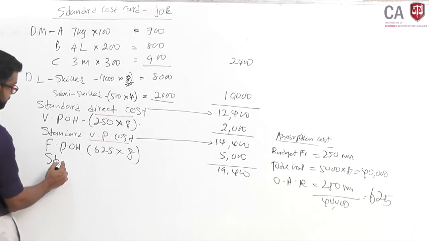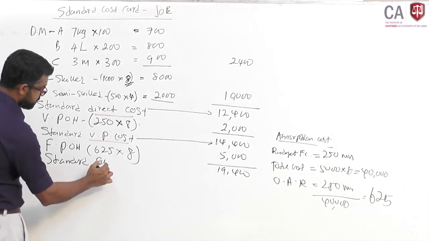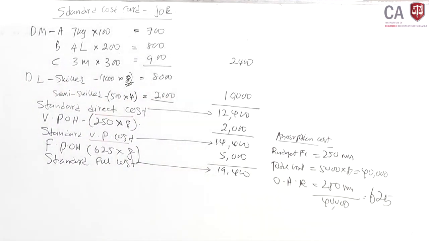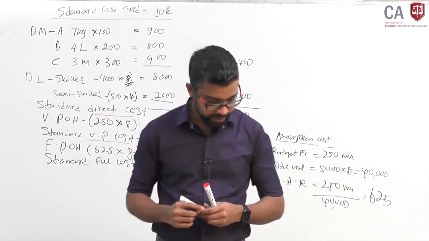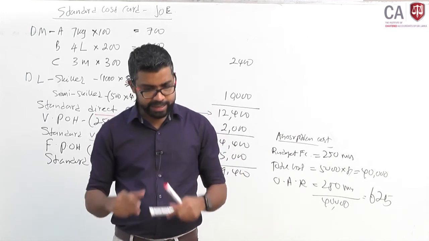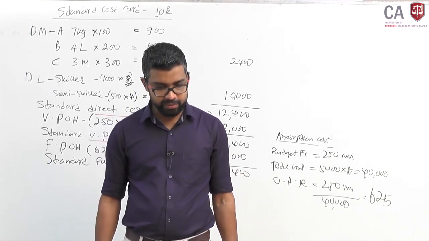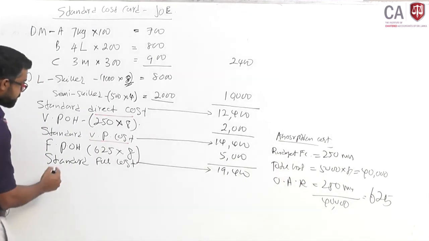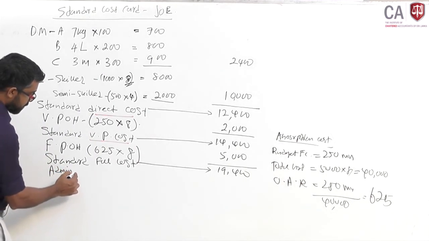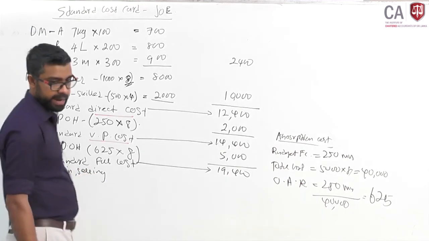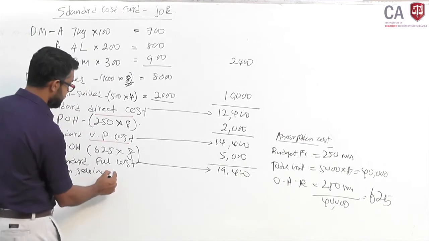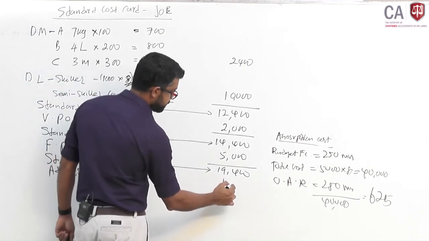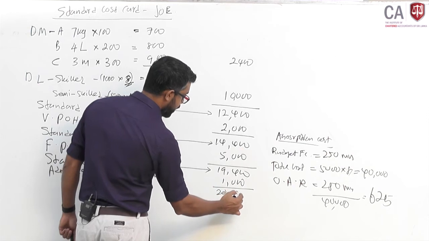So this is the standard full cost. Then, for selling, administration and distribution cost, they have given 1000 per unit straight away. That gives 20,400.